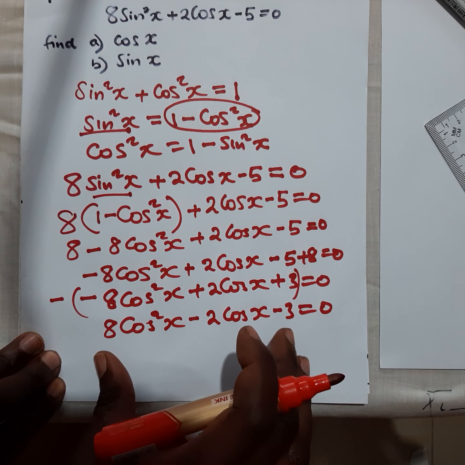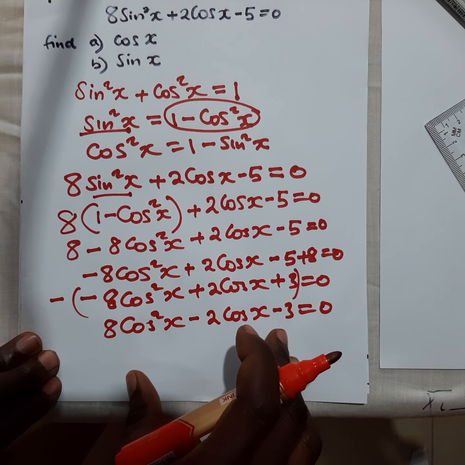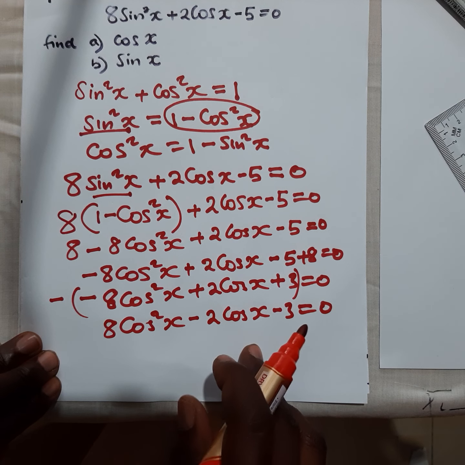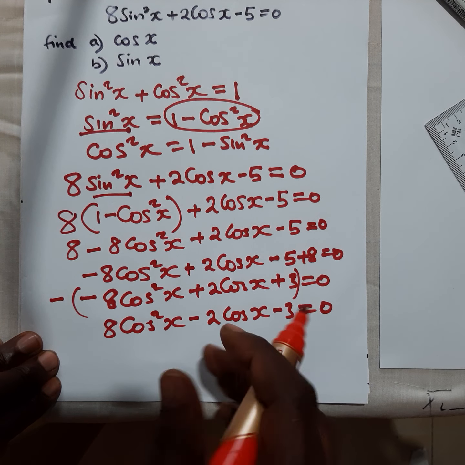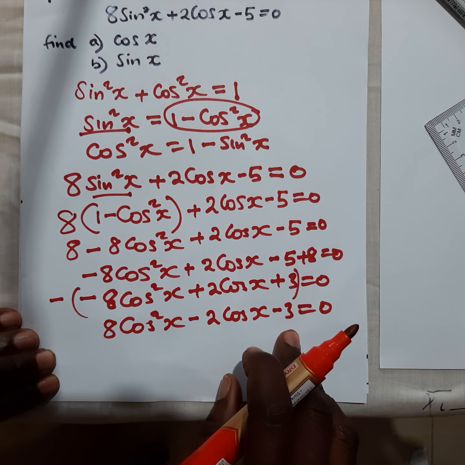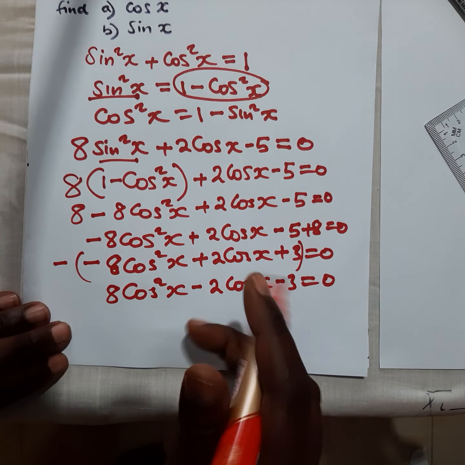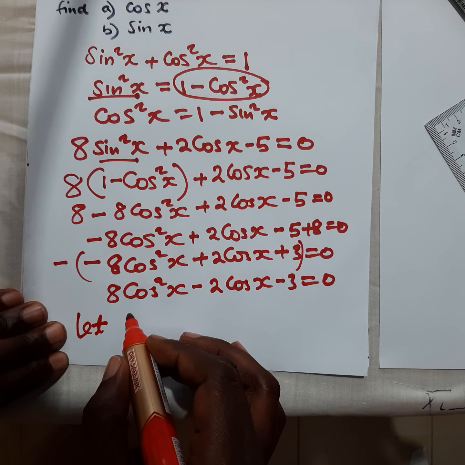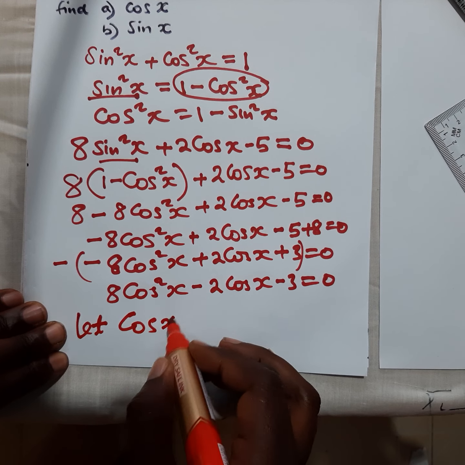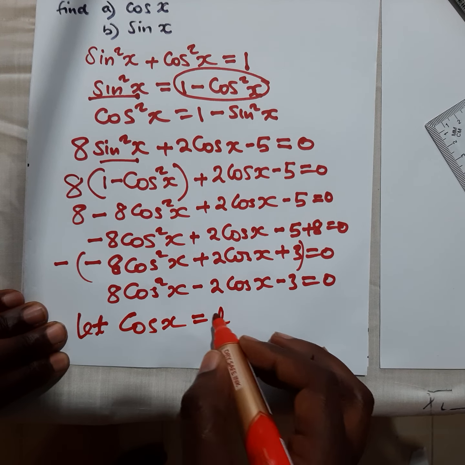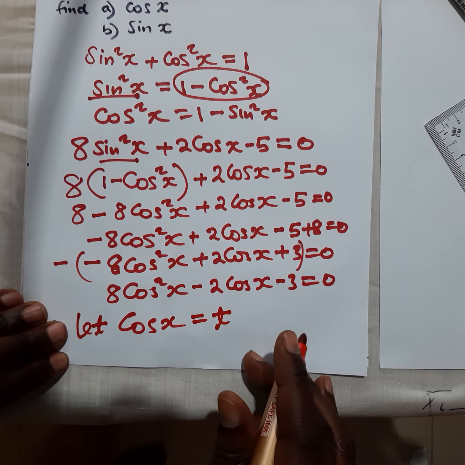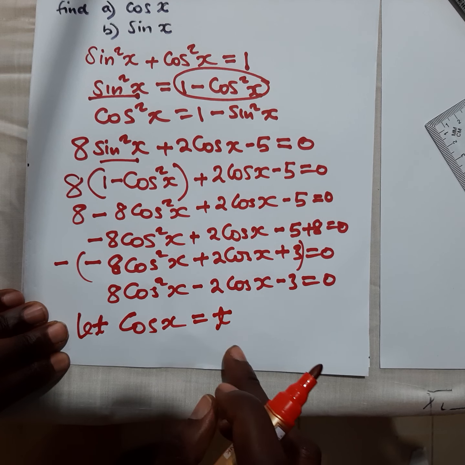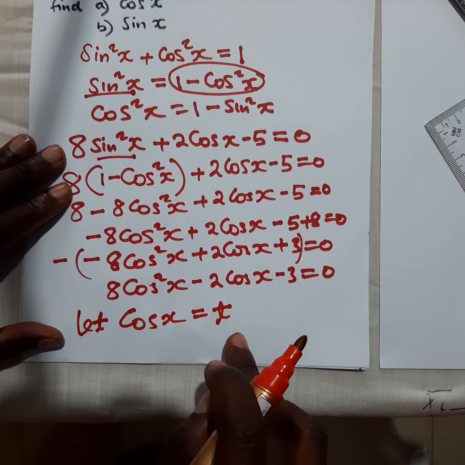And we can solve this equation like a quadratic equation. So we can say let cos x be equal to t, and where we have cos x we replace it with t.